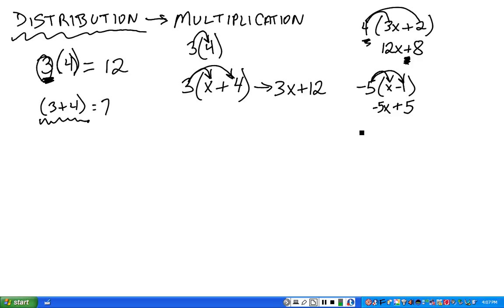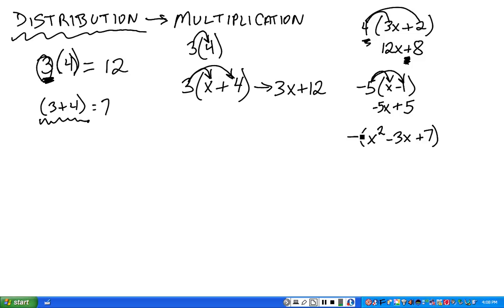Now here's one that doesn't look quite as common. We have minus (x squared minus 3x plus 7). Here you simply have a minus sign right next to the parentheses. You have to interpret this as if the minus sign represented negative 1.